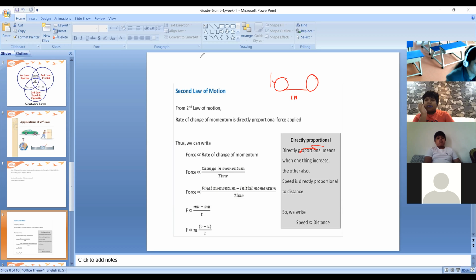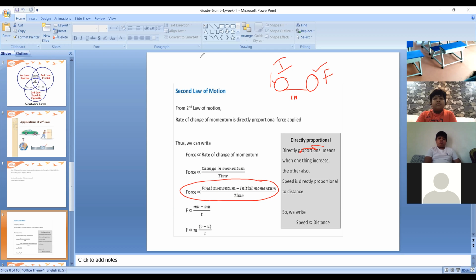So here force is directly proportional to final momentum minus initial momentum. This is the final momentum, and this is the initial stage where it was.